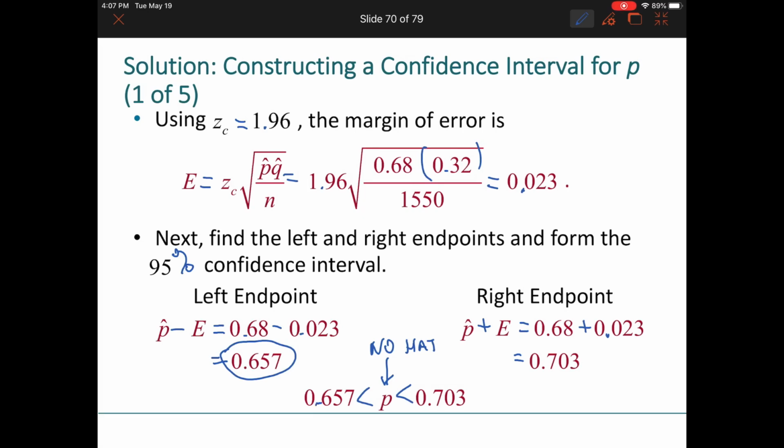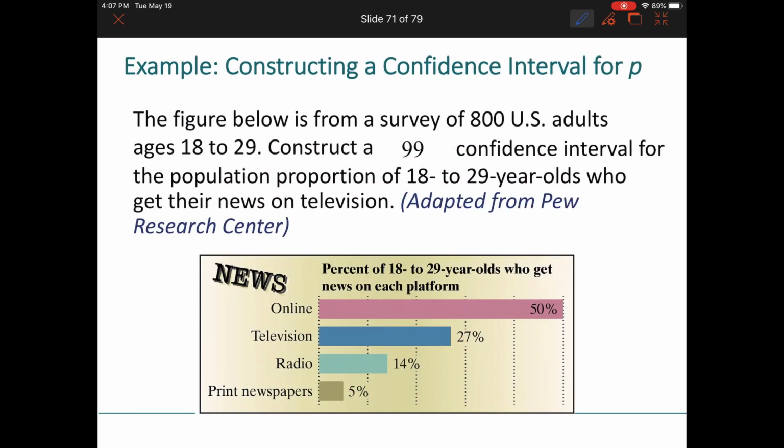So p, the actual p, notice no hat here, they can be deceptive because they look almost the same. So p without a hat, the actual proportion, is supposed to be in this range with 95% confidence. There's a 5% chance it will not land in there, however.